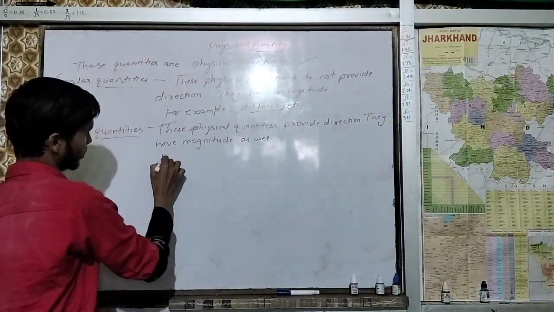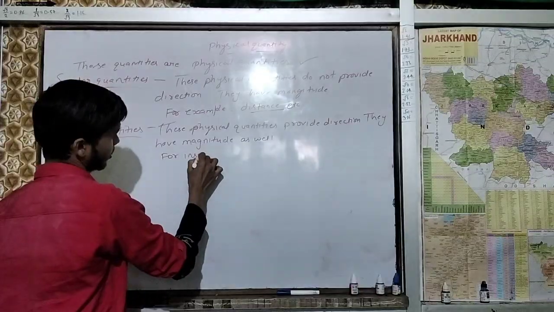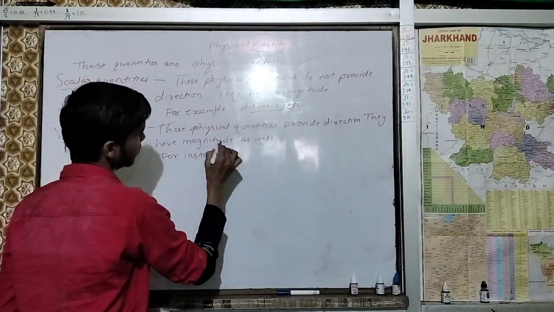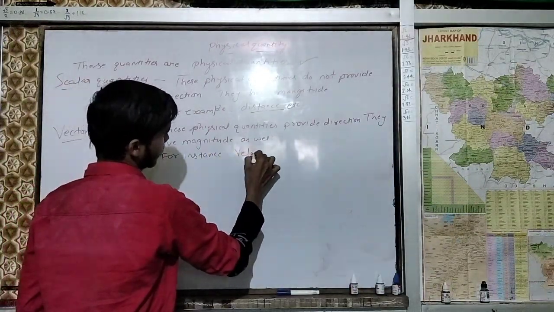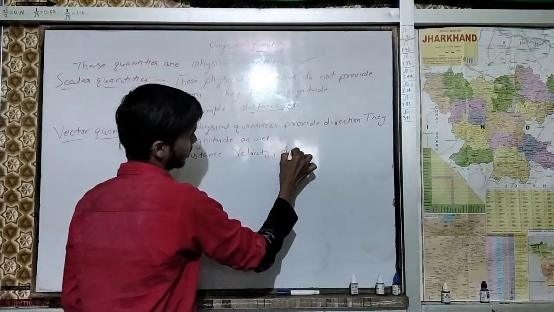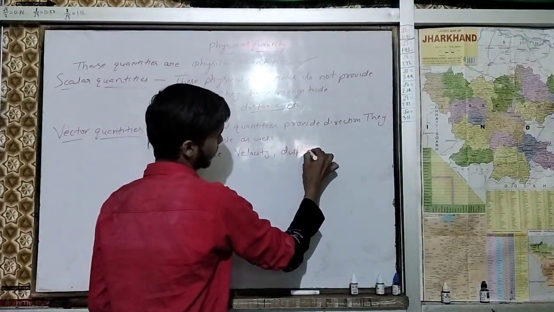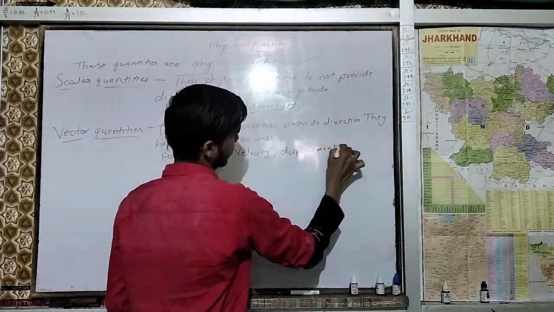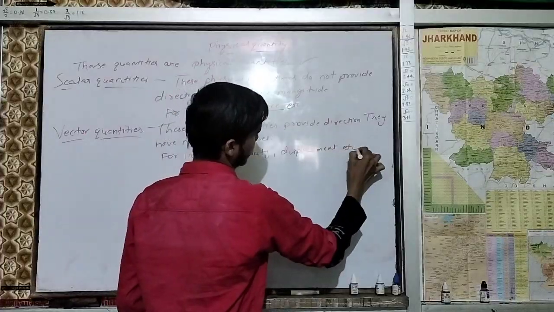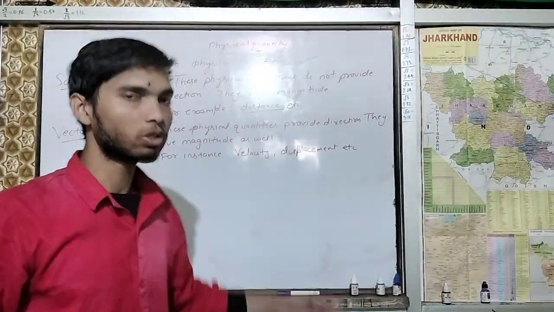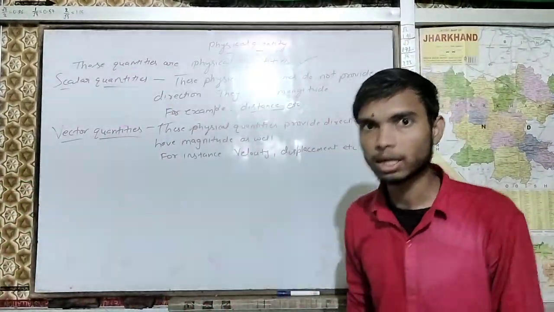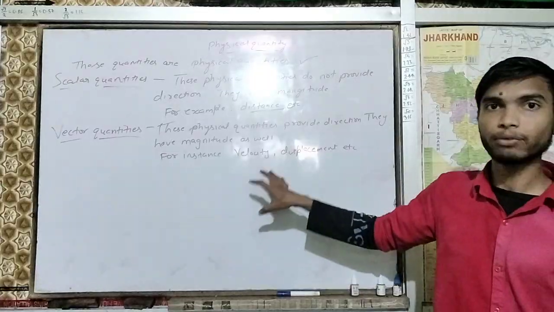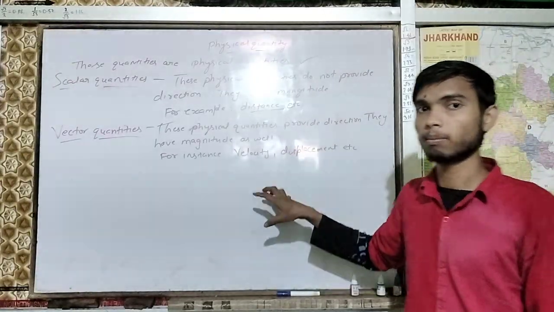For example, for instance, velocity, displacement, all these are physical quantities and they have direction plus value.